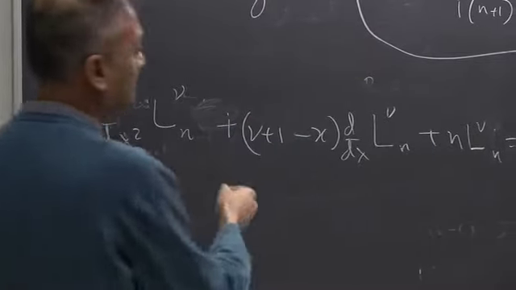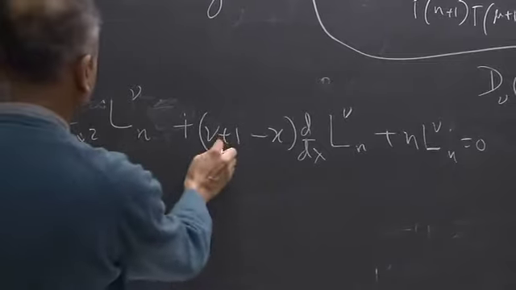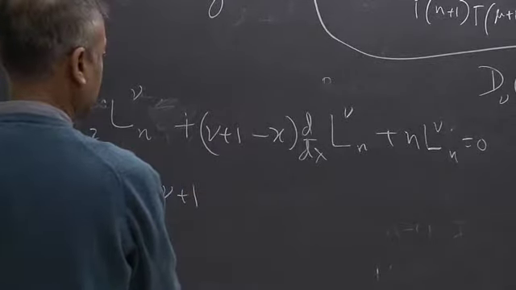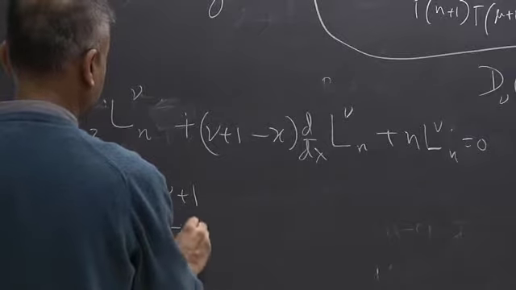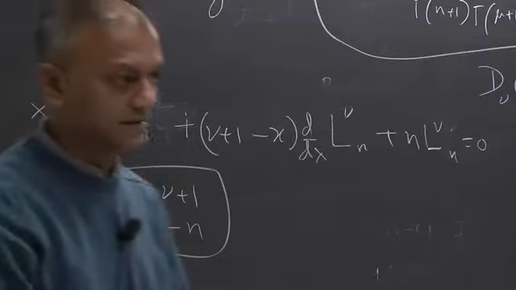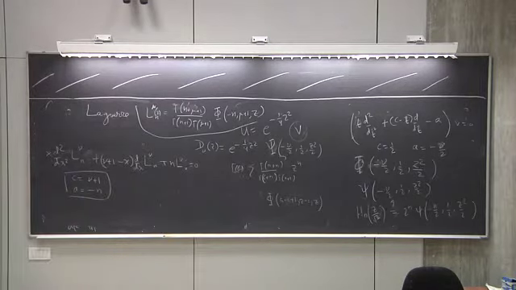So this is directly the confluent hypergeometric equation, where you just have C equal to nu plus 1 and A equal to minus n. So this is directly there.